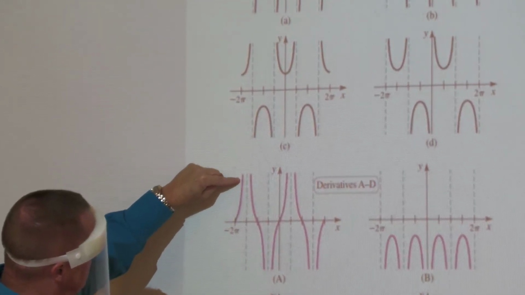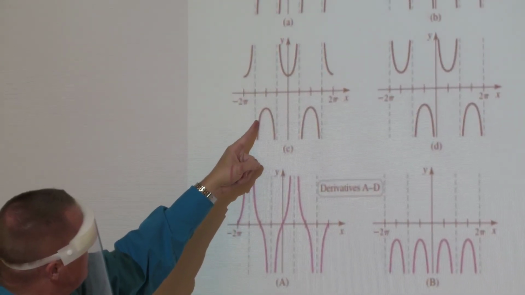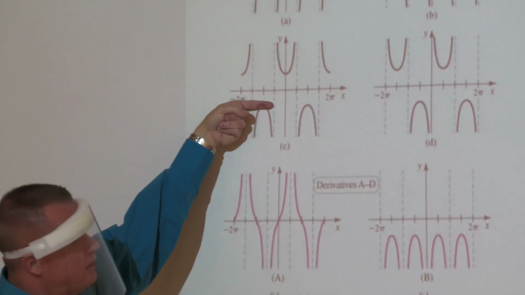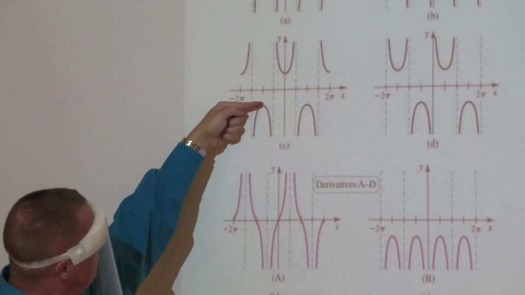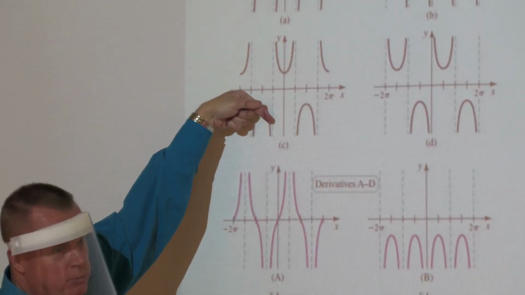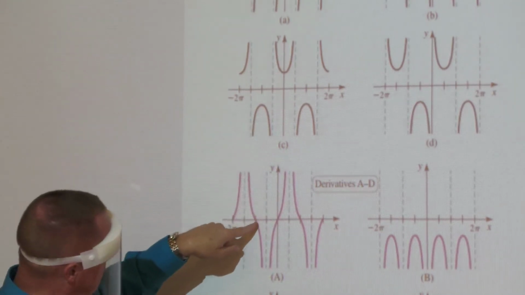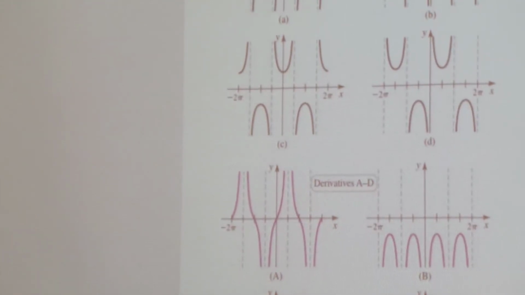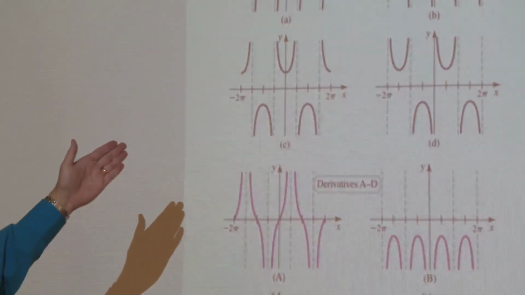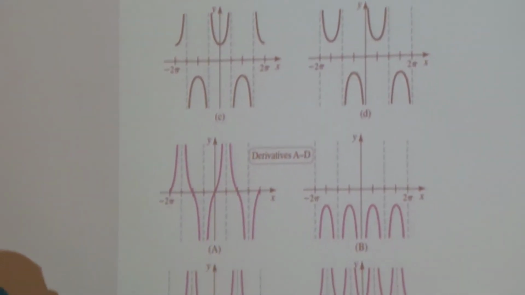Here your slope is positive, but to get here it's 0, so that's from here to here. And then when you get this way, the slope is negative, which is going to be below the x-axis. Does that make sense? And then the same thing with this one, which would be cosecant, and that one to match.